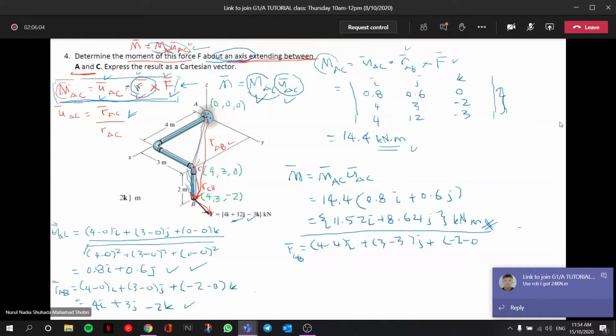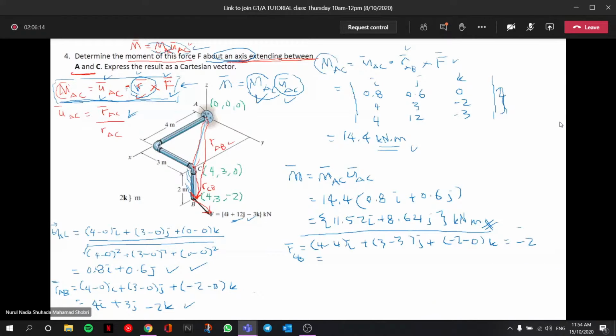Okay. From the values, you should get something like this, right?